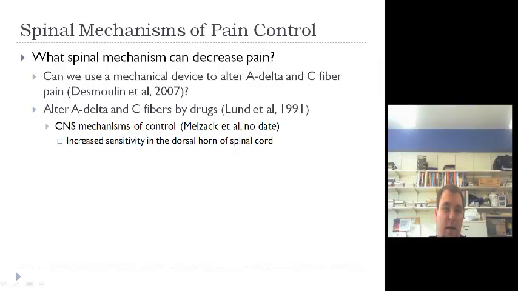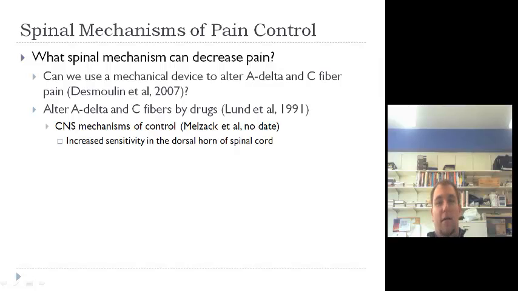So I've spoken a lot about TENS, and this next article here, well, okay, so we'll get to spinal mechanisms first, and then I have an article after this, sorry. So spinal mechanisms of pain control. What spinal mechanisms can decrease pain? Can we use a mechanical device to alter A delta and C fiber pain? Yes, we can. We can do that by a mechanical device, would be a modality, even an ultrasound, theoretically, right?